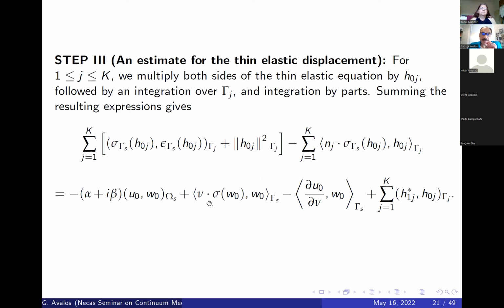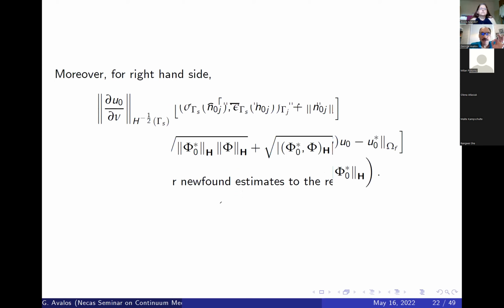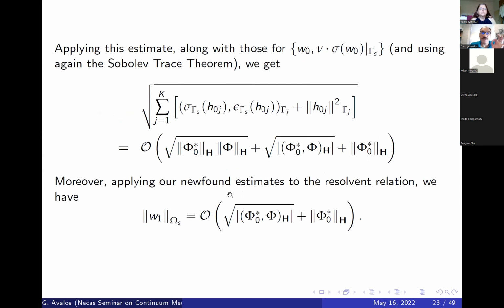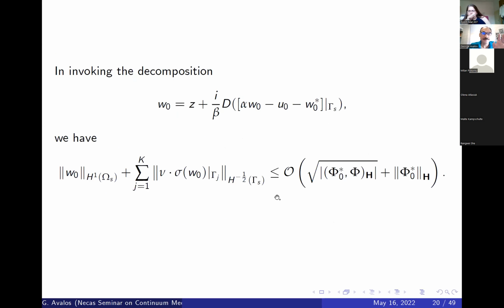And as I said, we have control of these fluxes in negative Sobolev norm, which is more than good enough for our purposes. And so the short of it is we have control of the skinny wave equation. The resolvent for the velocity comes very quickly, again using the resolvent relations.